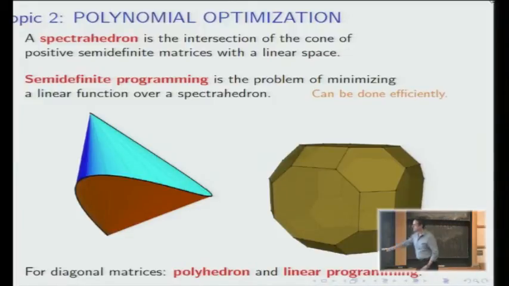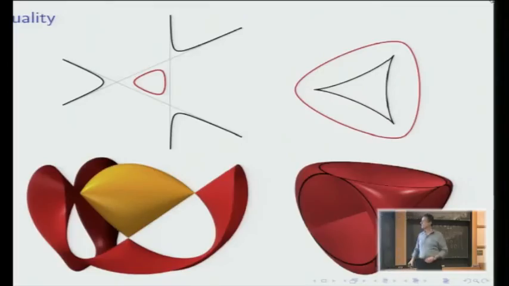And these are pictures. So here's a picture of a polyhedron, and here's a picture of a spectrahedron, certain convex bodies. So these things are spectrahedra. Here, this is one of my favorite pictures. This was on the title page.